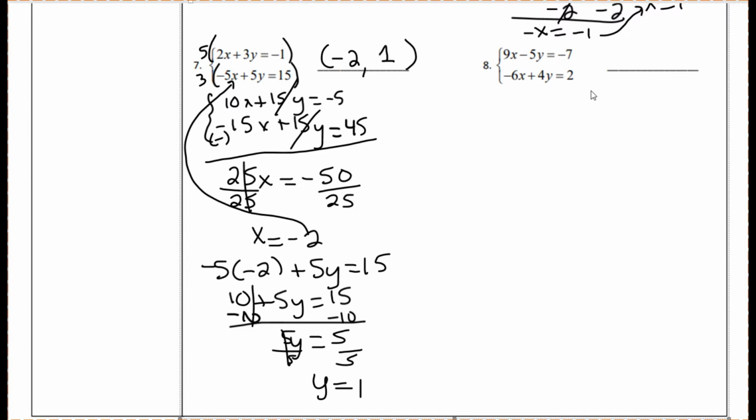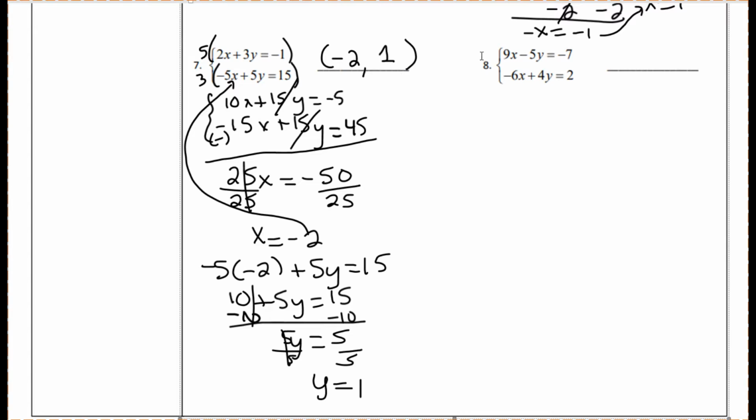All right, and then the last equation for the elimination. For this equation, we can choose which one we want to solve for. In this case, I will choose to eliminate the y. 5 and 4, I'm going to force them to become 20 and negative 20.